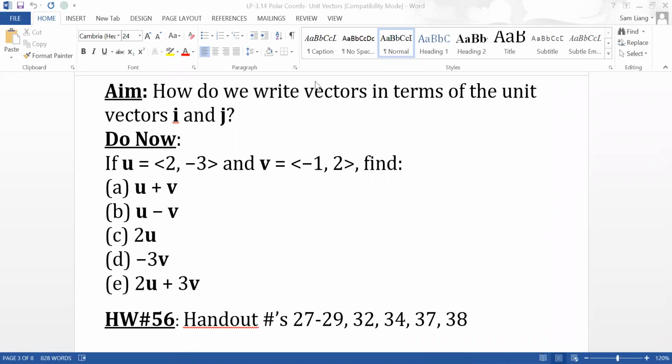Okay, let me pause you here. At this point, feel free to type in the chat what your answers are for the first three. Type in the chat what you think the answers are for the first three.